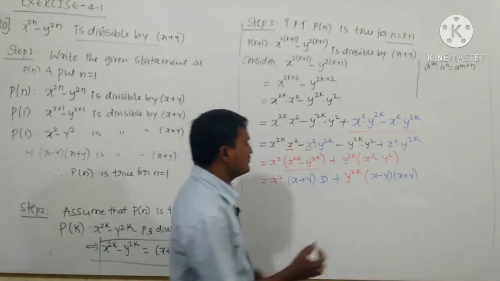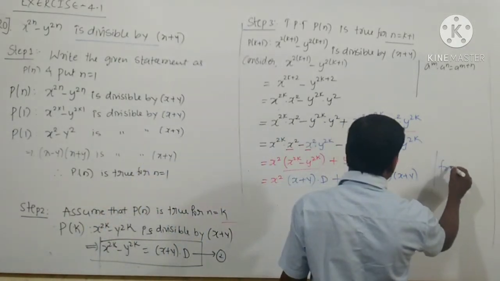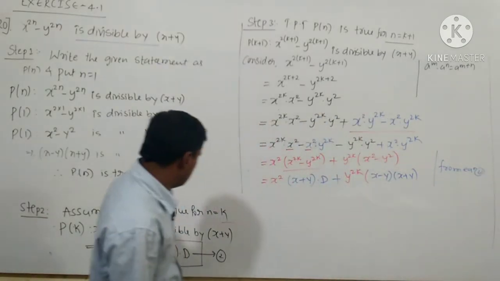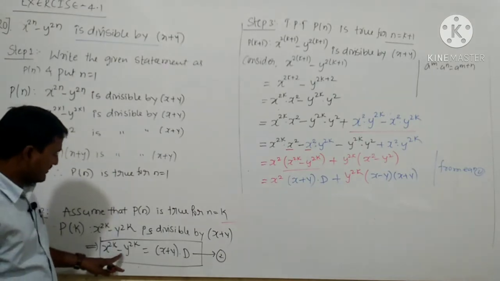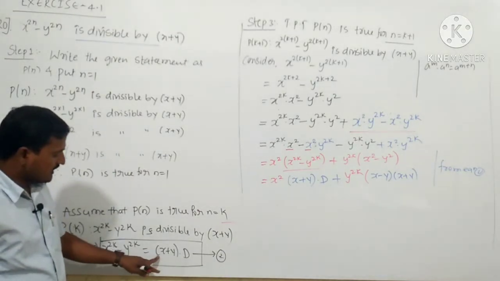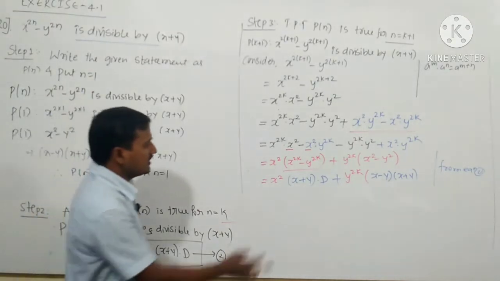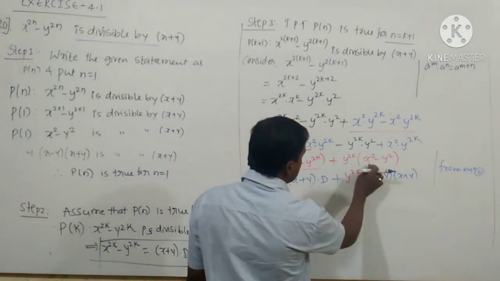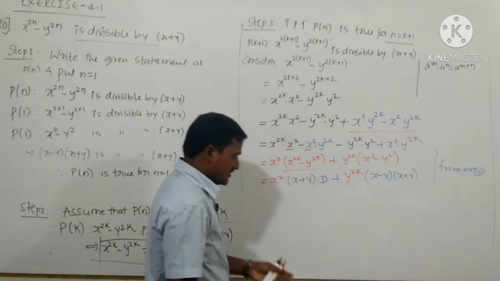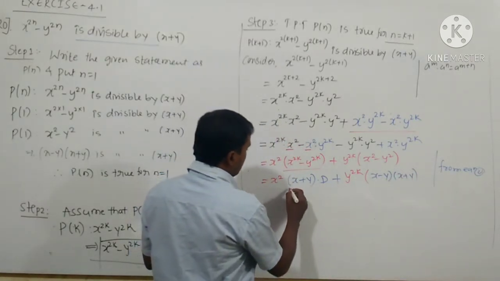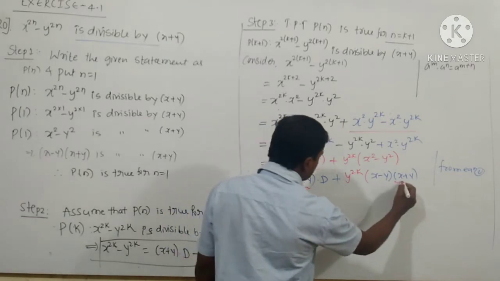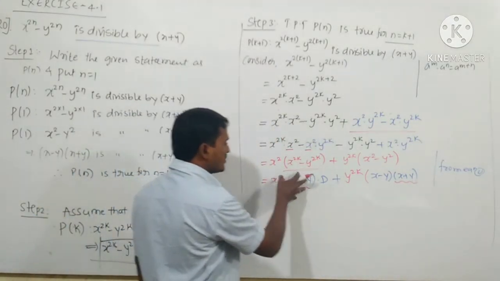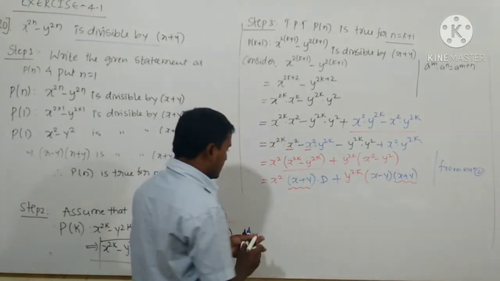Okay, so here we used from equation number 2. What is the equation number 2? X raised to 2k minus y raised to 2k, written x plus y into d. So here the value of this is replaced by this one, and y raised to 2k as it is. This is a square minus b square. Okay, so here you should observe, here x plus y is there, here x plus y is there. Take x plus y outside from this term and this term. So therefore here what you are getting?